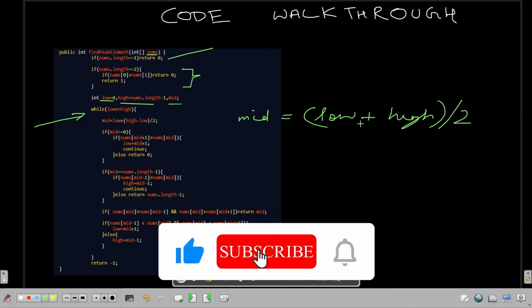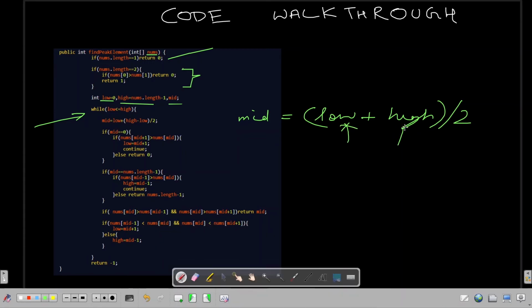When you do low plus high by 2, if both low and high are tending to the integer maximum range, mid will overflow and some negative value due to cyclicity would come. So to avoid that overflow, you can do something like this. This is a better way of calculating the mid actually. And you'll surely get some brownie points if you write mid something like this in the interview. So no problem, this was about the mid.